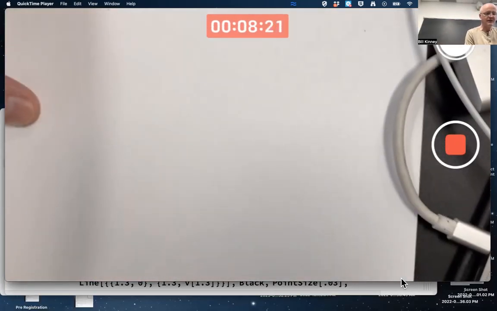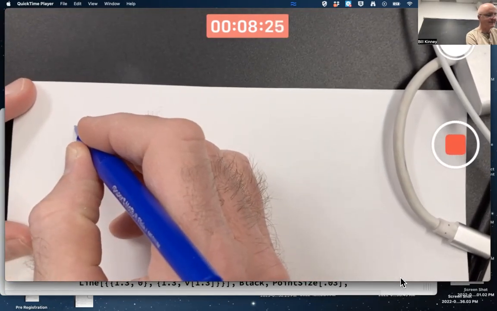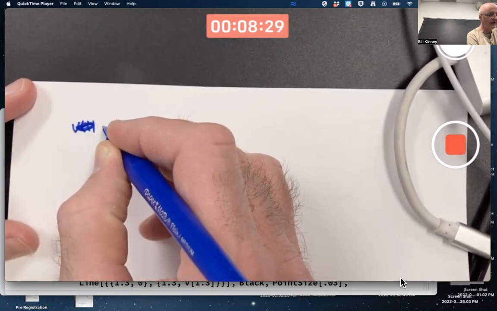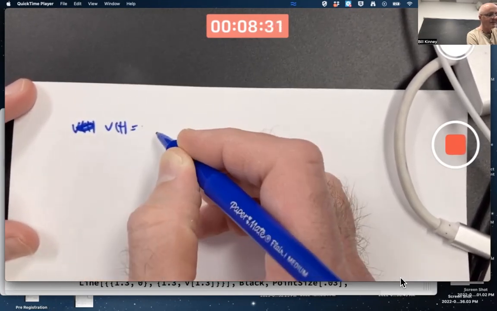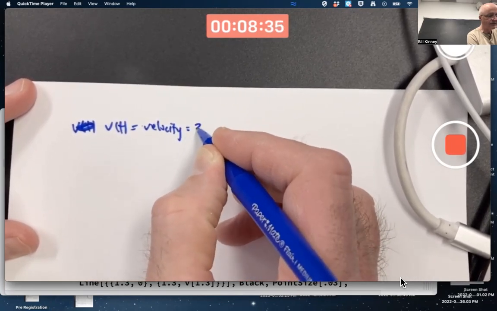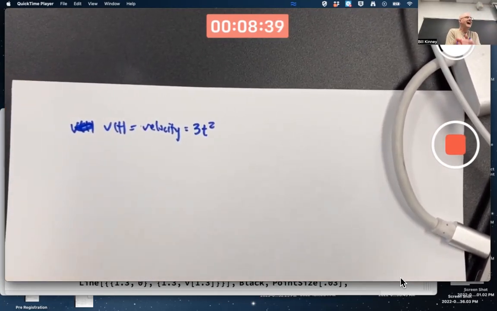I'll go ahead and write it down here. So the velocity, I'll write it as v of t. That's the velocity. That's 3t squared. Since that function is not negative, it's greater than or equal to 0, it is the same as the speed in this example. This is one directional motion, not back and forth motion.